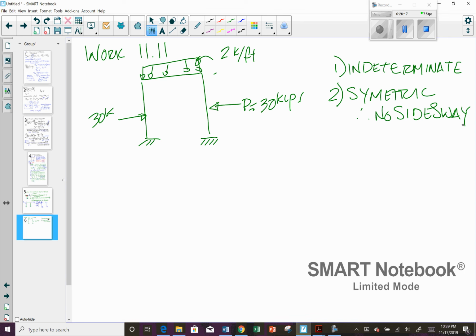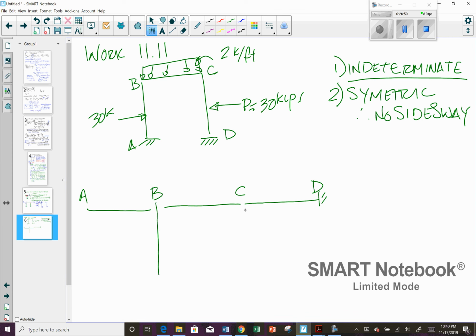The way I want you to take this is to do just like what I showed you, and break it out into a fixed frame like this, where you've got A, B, C, and D. Because it's indeterminate, you need to use some sort of indeterminate solution process.